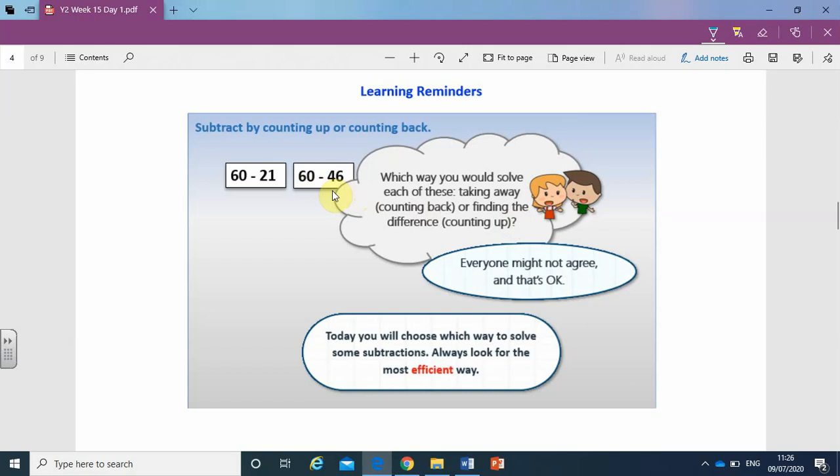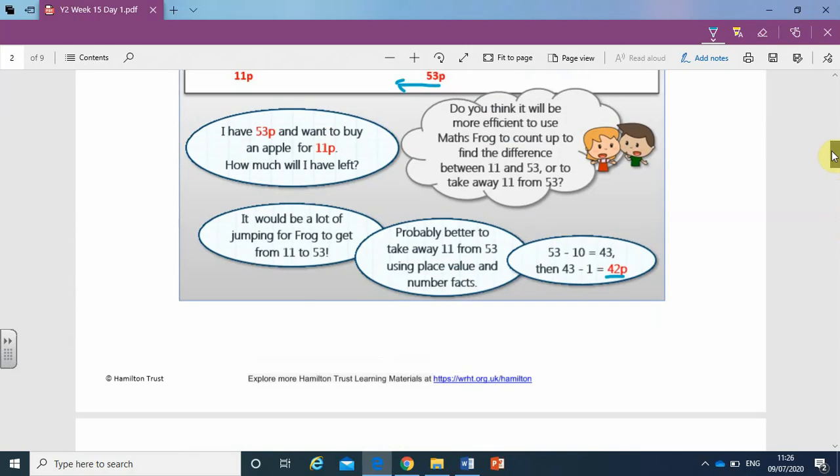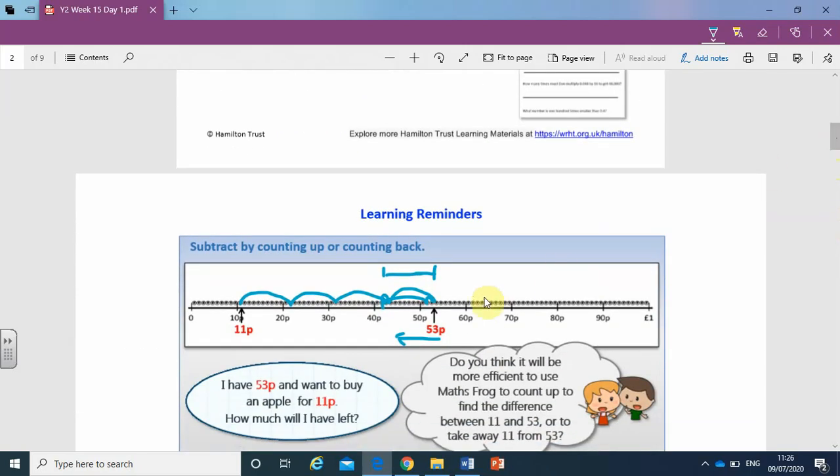That's 4 units. 50 to 60 is 10. 10 and 4 is 14. So I just did that as a mental strategy. Whereas for 60 take away 21, I might need to do a subtraction, much like the one earlier on. I would start at 60 and go back 21 to get to 39. That's how I would do that one.